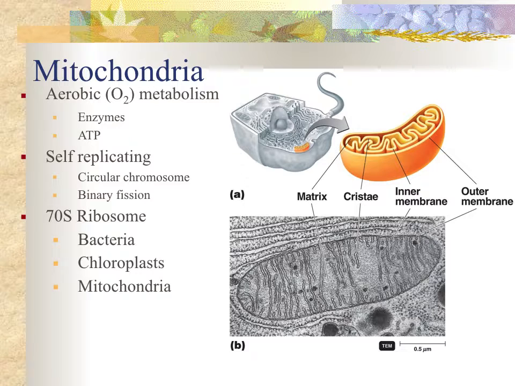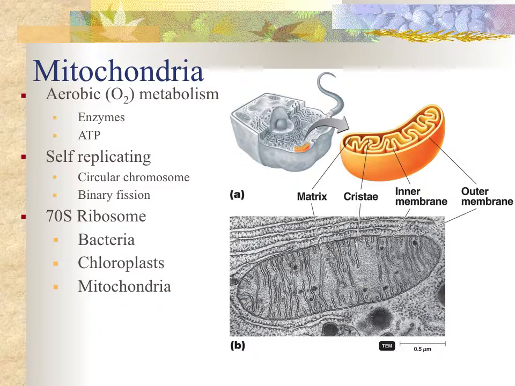Another important difference between eukaryotes and prokaryotes is that eukaryotes contain an organelle called mitochondria. All eukaryotes have mitochondria, and all mitochondria have both an outer and an inner membrane. On this inner membrane are a bunch of enzymes involved in converting nutrients like carbohydrates, lipids, and proteins into energy compounds called ATP.